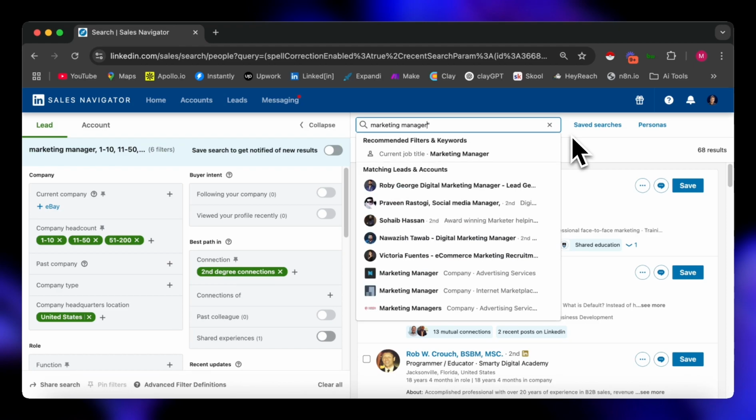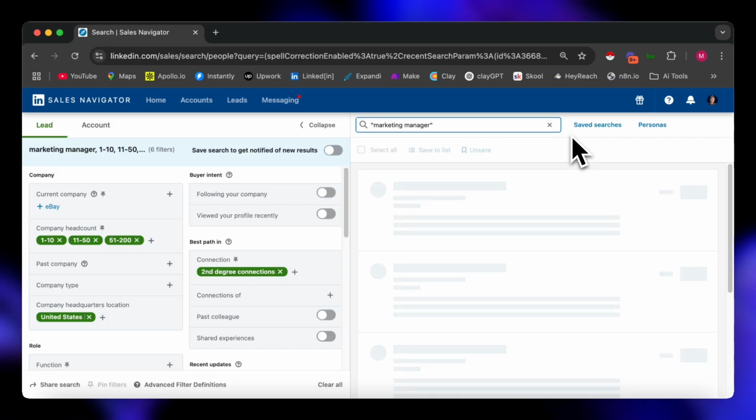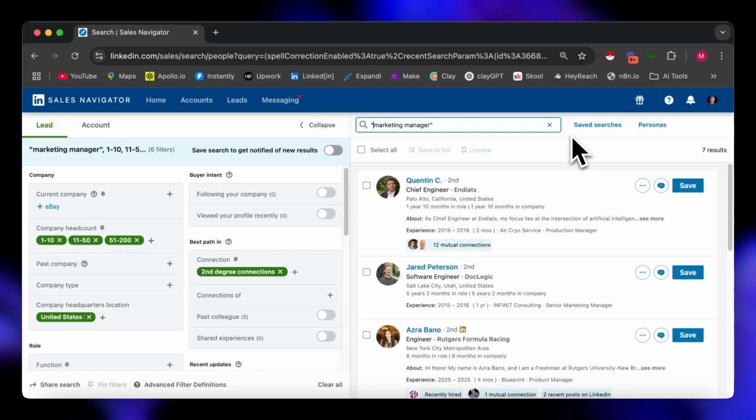And we go and throw some quotations around marketing manager. What we're doing is we're forcing LinkedIn to provide us with a job title or a keyword that is both marketing and manager, not just manager or marketing. So this is an important tactic inside of LinkedIn. Notice that it brought us down to 7.